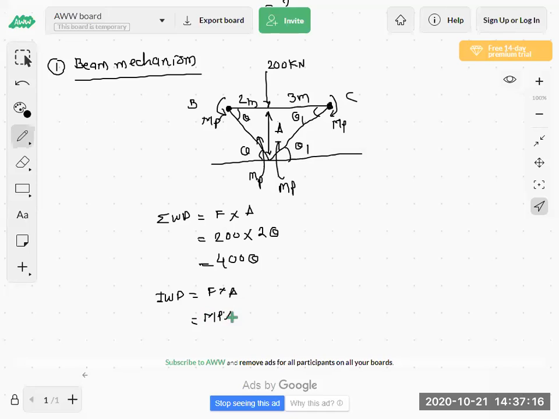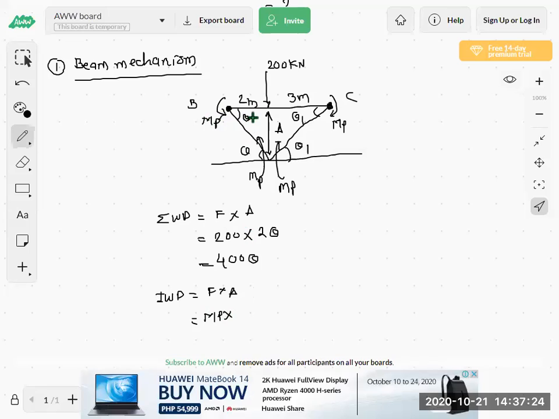MP is the moment and the displacement is the rotation. So moment into rotation: first MP into theta, plus second MP into theta, third MP into theta 1, and fourth again MP into theta 1. So 2 MP theta plus 2 MP theta 1. This is the internal work done.